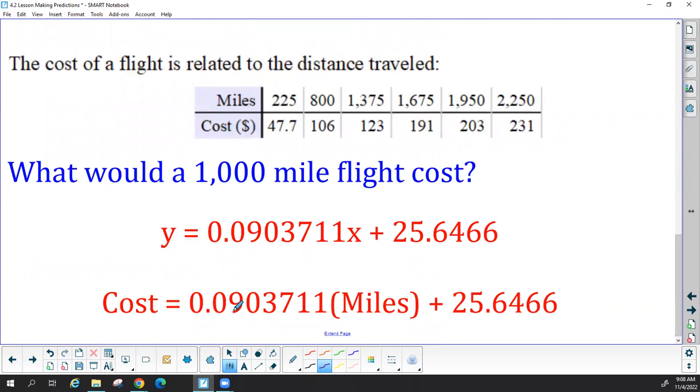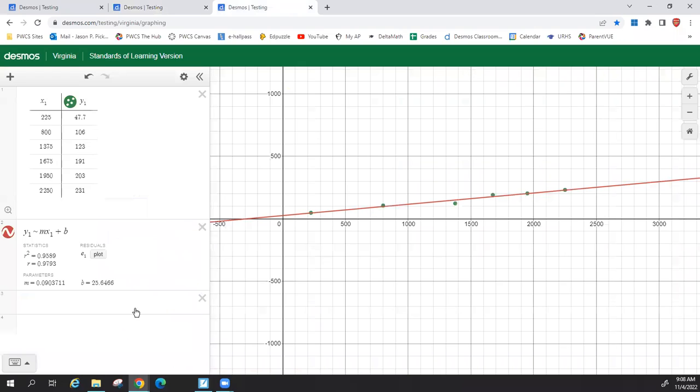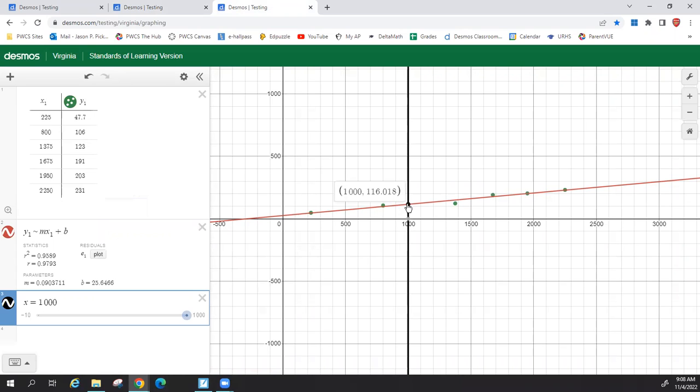So let's do one more. We want to use our information from the flight costs to predict approximately what a 1,000-mile flight would cost. I could do X equals 1,000 and find the place where it intersects my line of best fit.